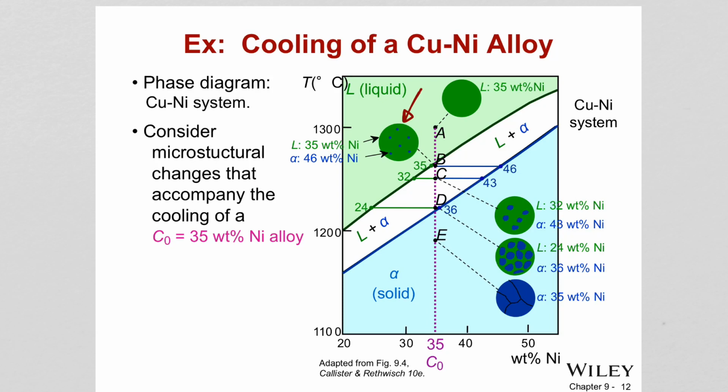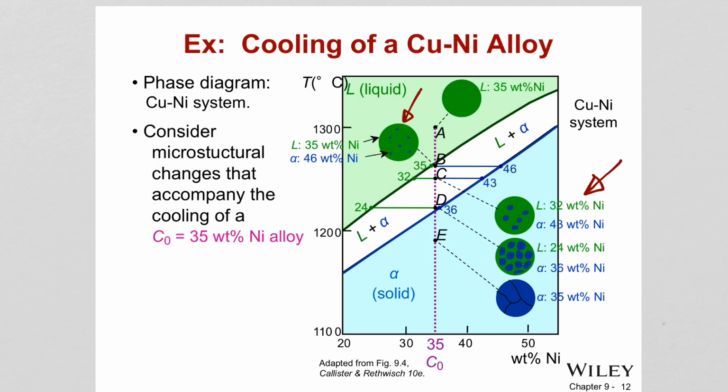As we keep cooling down, we come to point C. Now at point C, if you look under the microscope, the grains, the nucleated particles of the alpha, are getting bigger inside the liquid, growing, because we are cooling it down and solidifying the material.